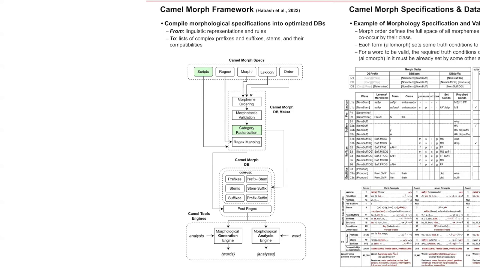These are then converted via an offline process powered by its DB maker algorithm into a morphological database in the 6-table style of the Buckwalter Arabic Morphological Analyzer, or BAMA for short, databases. The created databases can then be used by any compatible analysis and generation engine, like Camel Tools, for example.